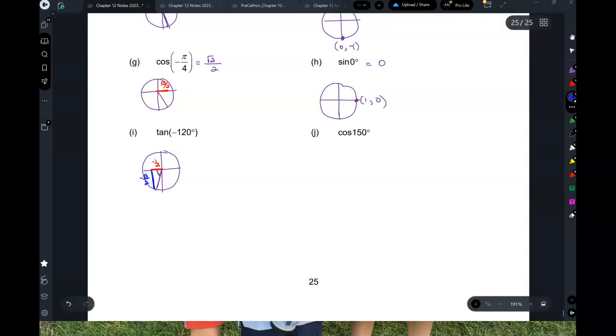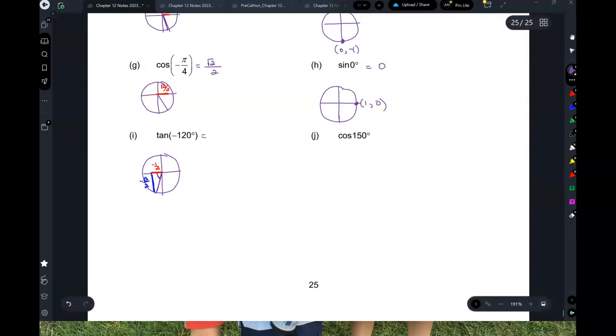Okay, so tangent is the opposite over the adjacent. So negative root 3 over 2 divided by negative a half. The 2's cancel, as do the negatives, so you just have root 3 over 1, which is root 3.